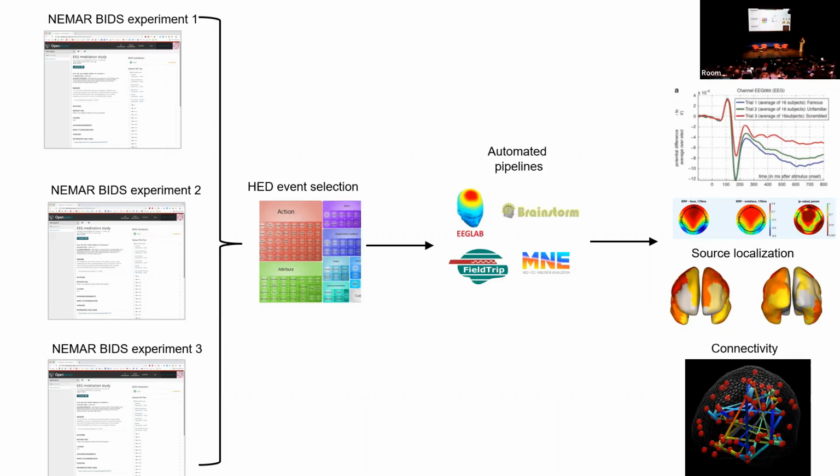Here you have different experiments with a bunch of different subjects, and you can select the HED events, and then you can use automated pipelines in those toolboxes to do your analysis, and this also makes, for example, meta-analysis over several studies possible.